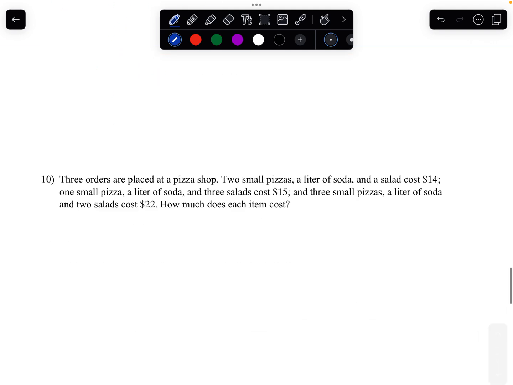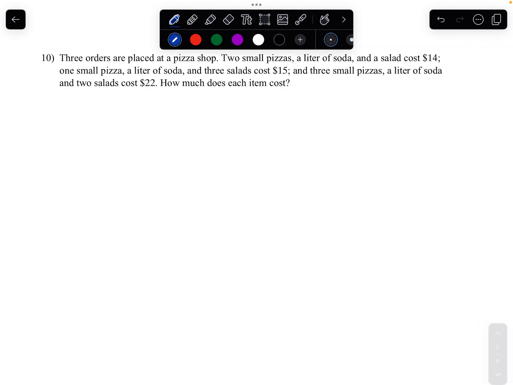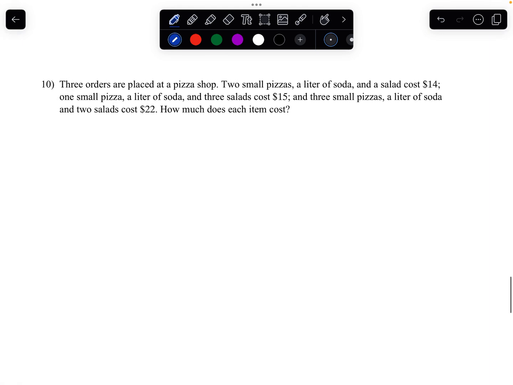Number 9 is not something I have to do. This is the story problem. To set it up, we're going to treat this like a system of equations. 3 orders are placed. 2 small pizzas, a liter of soda, and a salad cost $14. So if I interpret that, I'm going to say 2x plus y plus z is equal to 14.